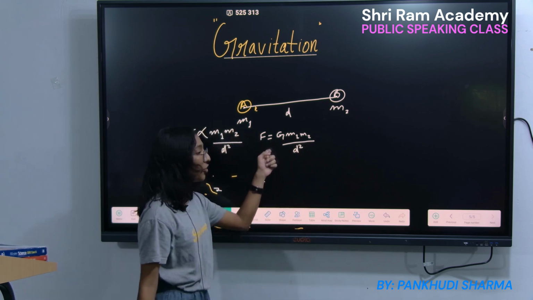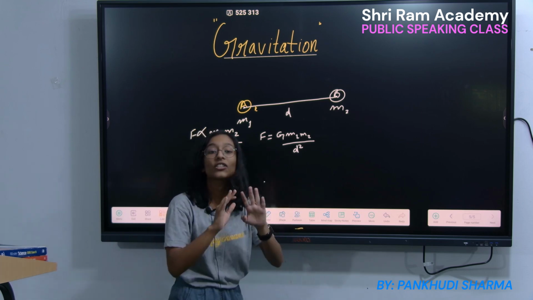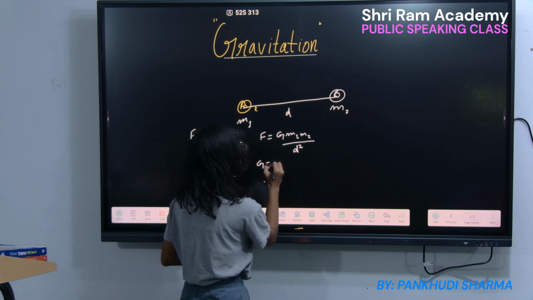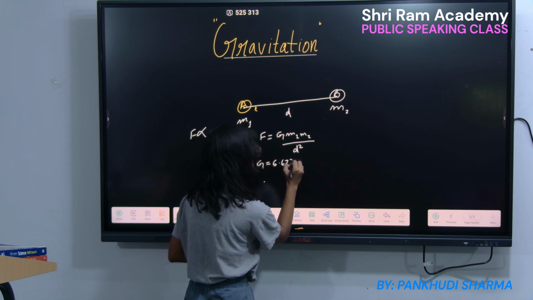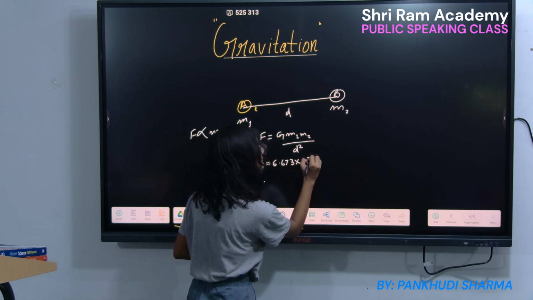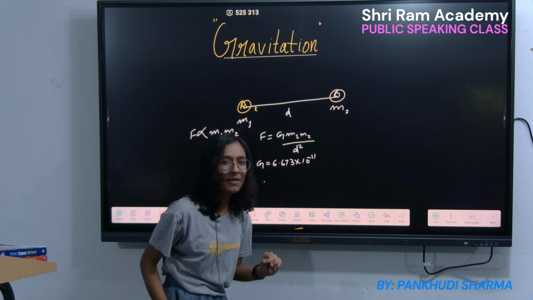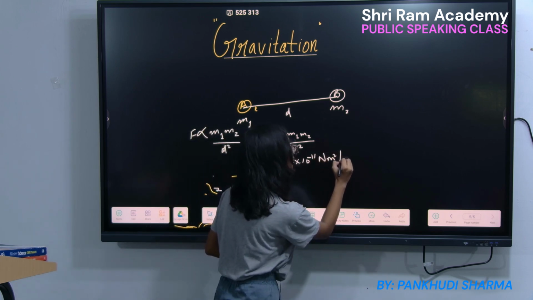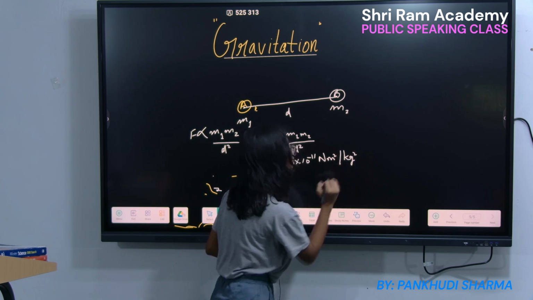The universal gravitation constant is constant throughout. It has a certain value. Its value is 6.673 into 10 to the power minus 11. It has its specific SI unit, that is Newton meter square per kg square.